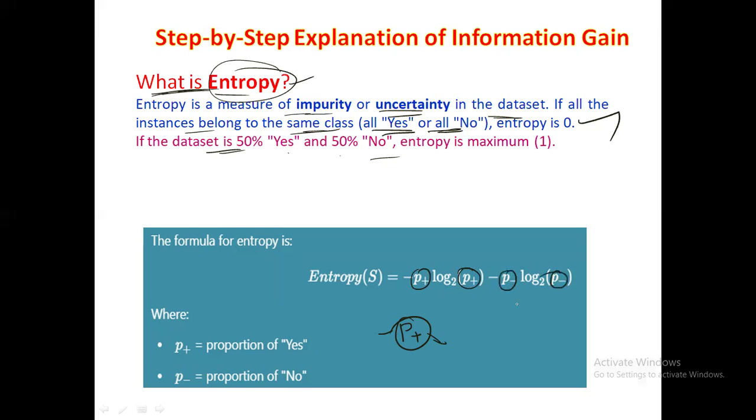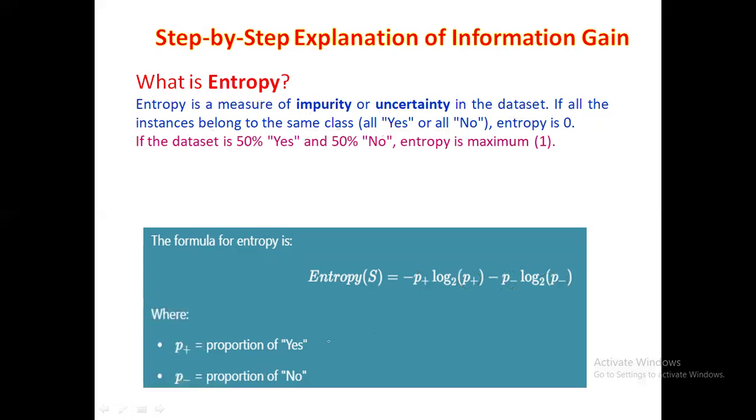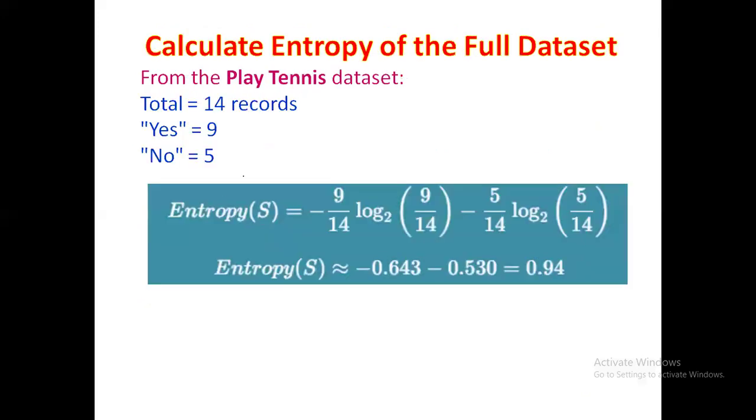Here p plus is the proportion of yes, and p minus is the proportion of no. For the given data set, we have to calculate the entropy of the full data set.